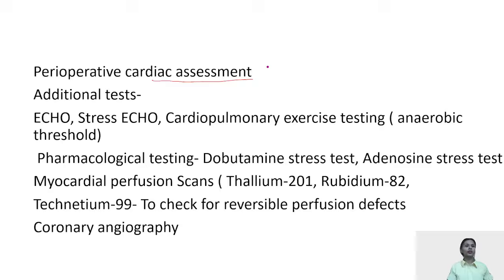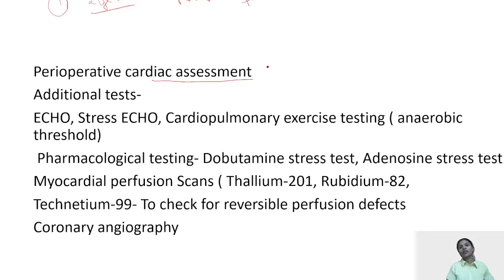The first MCQ that is asked is, suppose the patient has undergone a full cardiac evaluation within 2 years of being posted for a surgery and no new functional limitation has arisen in that patient. No new functional limitation.